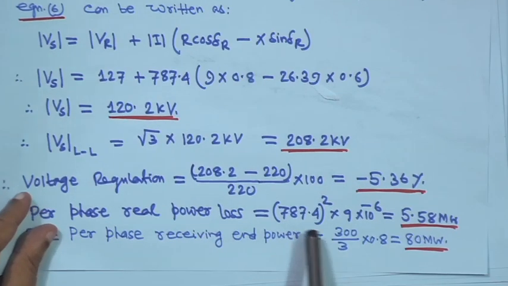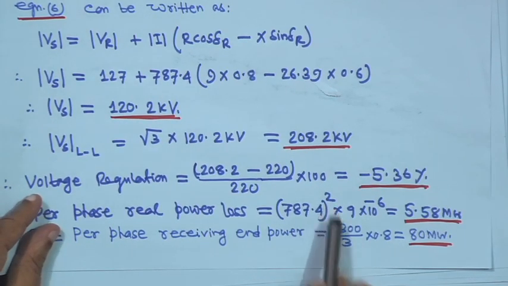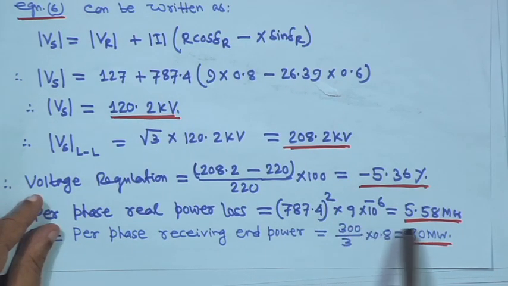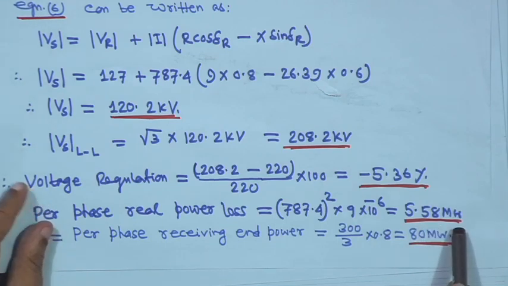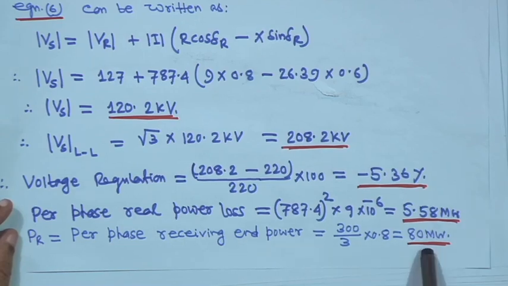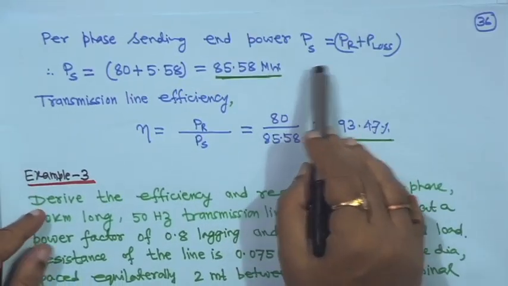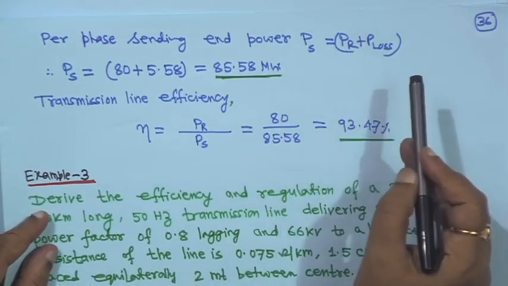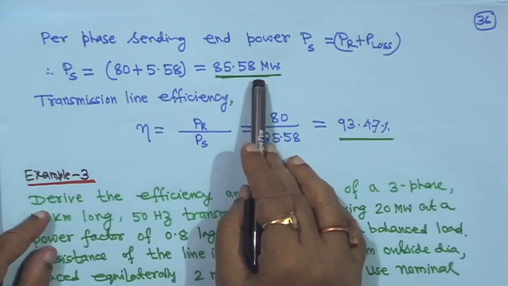Per phase real power loss is equal to 787.4 squared into 9 into 10 to the minus 6, that is 5.58 megawatt. PR, the per phase receiving end power, is 80 megawatt. Therefore, per phase sending end power PS is equal to PR plus P loss, easily computed.